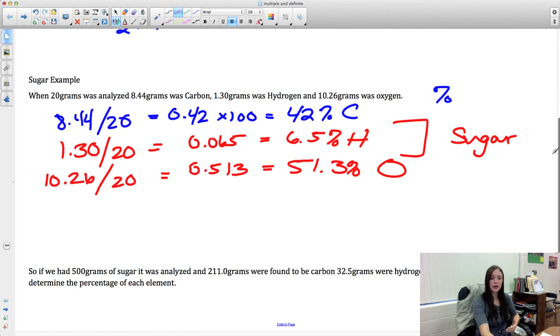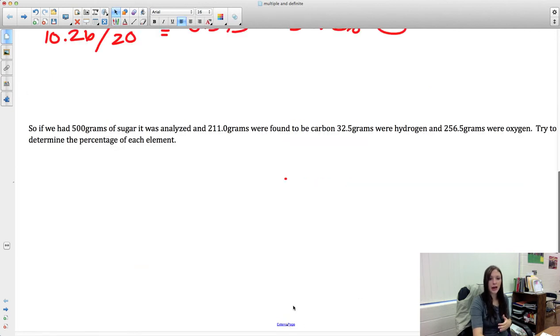Now we're going to say, if I have sugar, I should have the same percentages each time. So instead of having 20 grams, what if I had 500 grams? And I found that I had 211 grams of carbon, 32.5 grams of hydrogen, and 256.5 grams of oxygen, and I figure out the percentages. If it is the same sugar, they should be the same percentages.